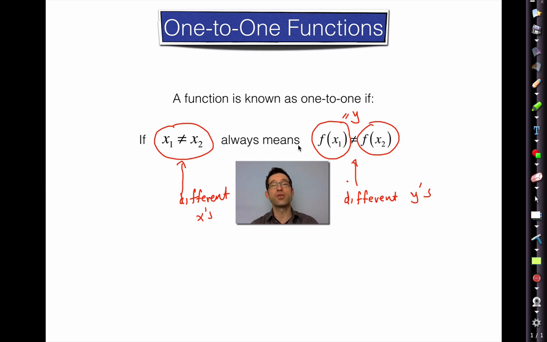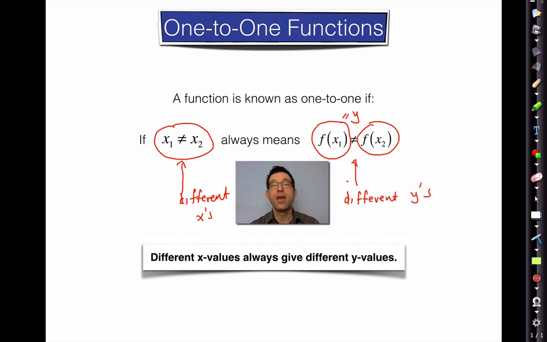Right? So one-to-one functions boil down to something very simple. Different x values always give different y values, always. And again, there's lots of functions that aren't like that. For instance, take our function g of x equals x squared from our last example.